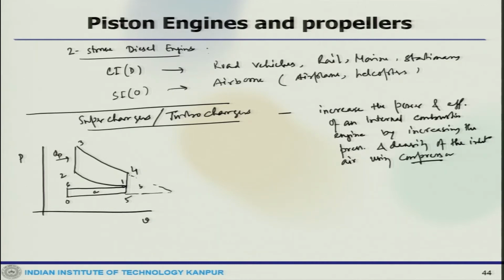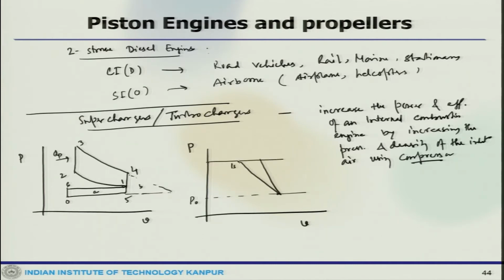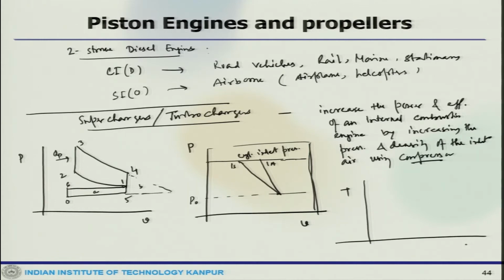If we put that in the TS diagram as well, and the pressure and specific volume diagram, this is P naught, this is state 0, this is 1s, this is 1a. This is the cylinder inlet pressure.